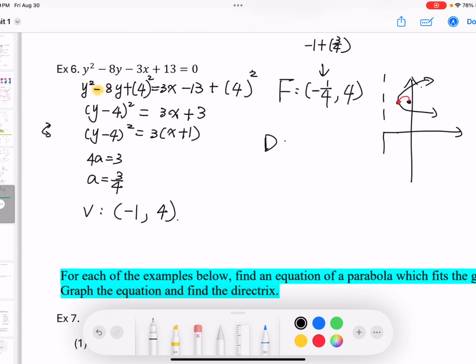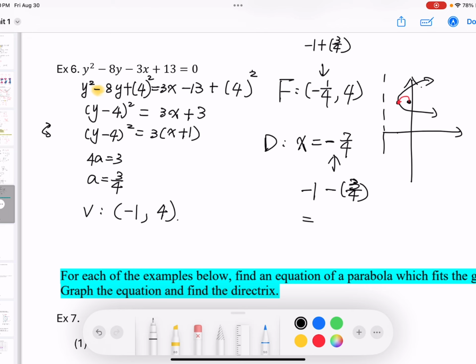The directrix is a vertical line. We must have x equals something. X equals what? Use -1 minus a, 3 over 4. So add them together: -1 minus 3 over 4 is more negative, it is -7 over 4.